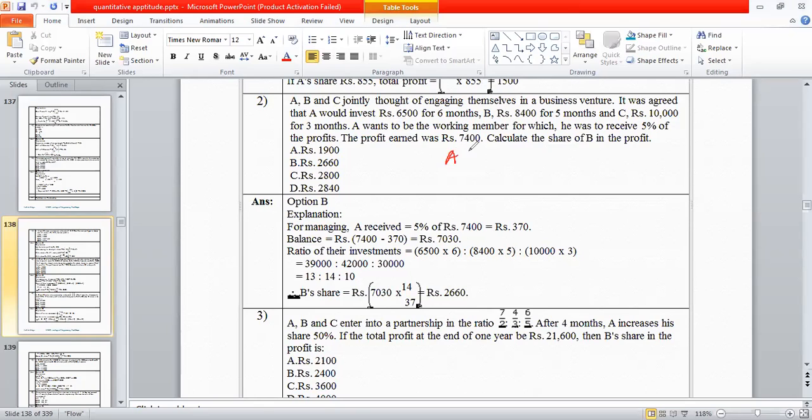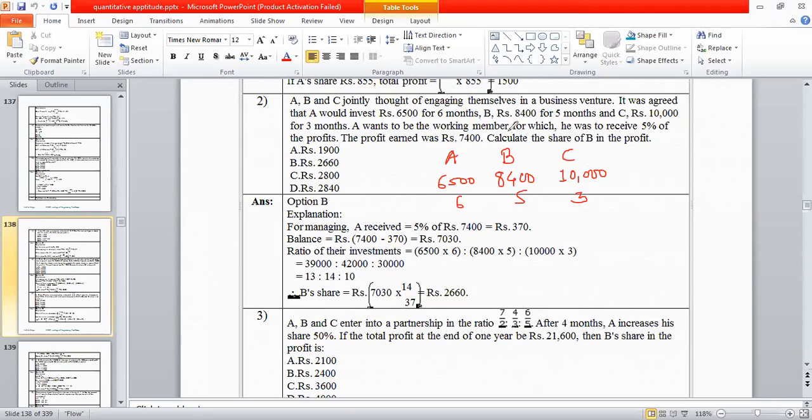ABC. They have jointly engaged themselves in a business venture. It was agreed A would invest 6,500 for 6 months, B invest 8,400 for 5 months, and C invested 10,000 for 3 months.